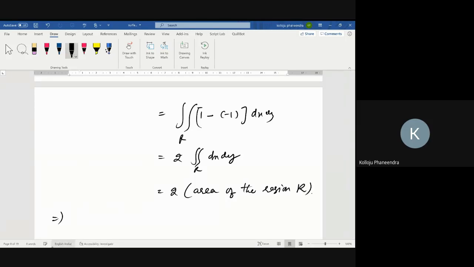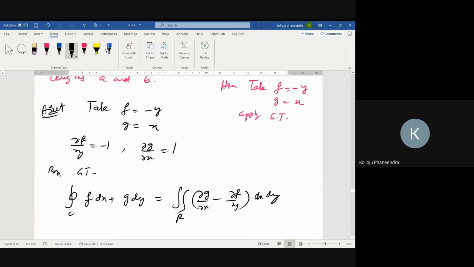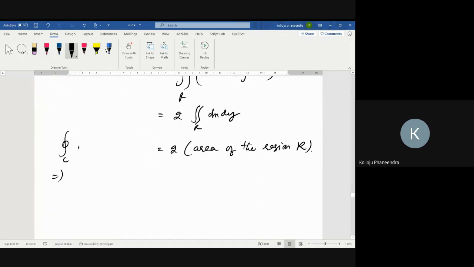This implies the integral over C, with f taken as minus y, is minus y dx plus x dy.